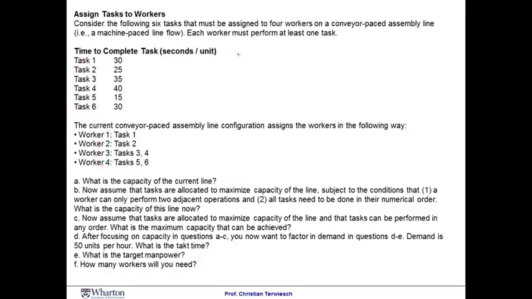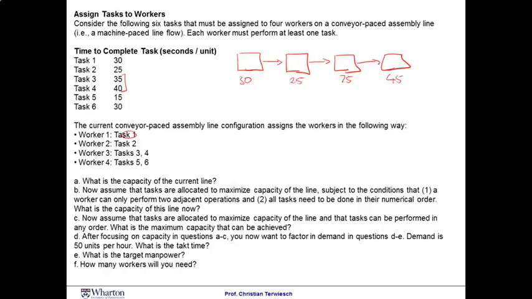All right, now let me have a shot at this problem. We're dealing with a process that consists of 4 resources, namely the 4 workers. The first resource is just working on task 1, which gives it a processing time of 30 seconds per unit. 25 for the second worker, and then here we combine 3 and 4, so 75 seconds per unit at station 3, and for worker number 4 we have 45 seconds per unit.